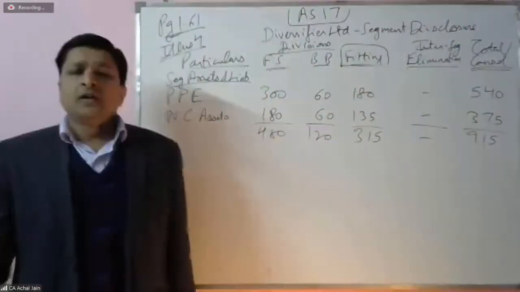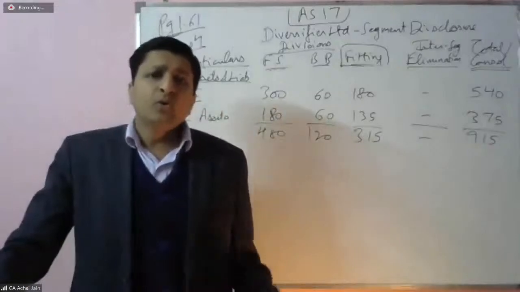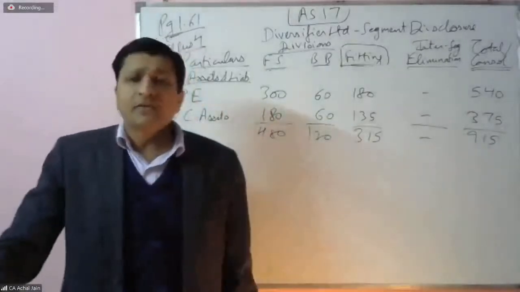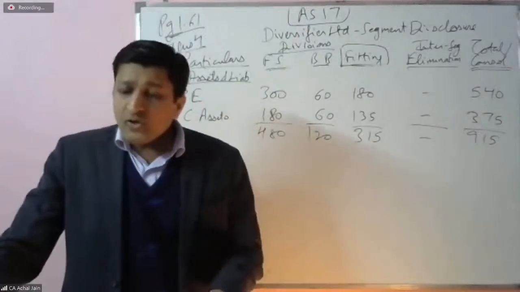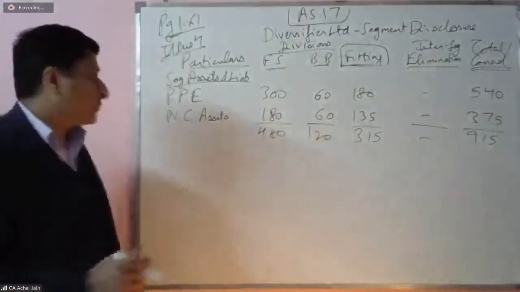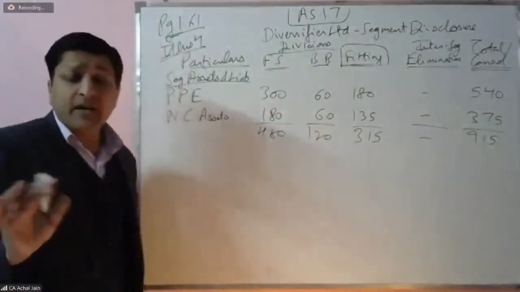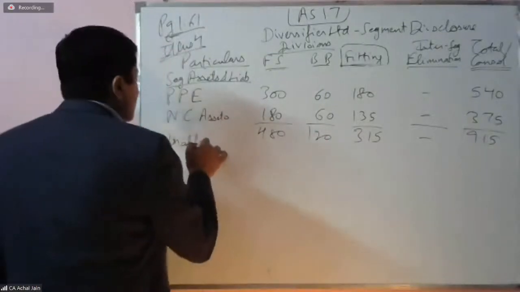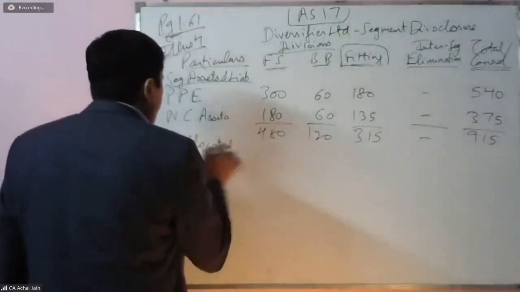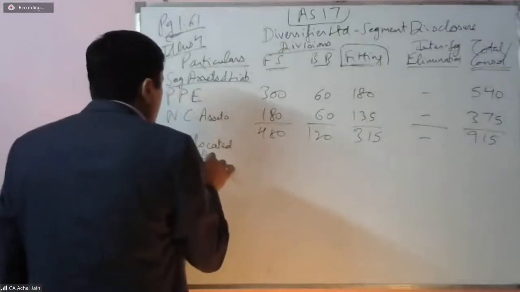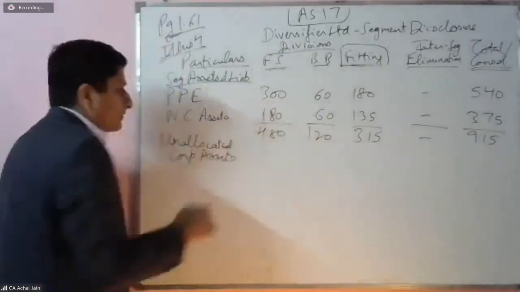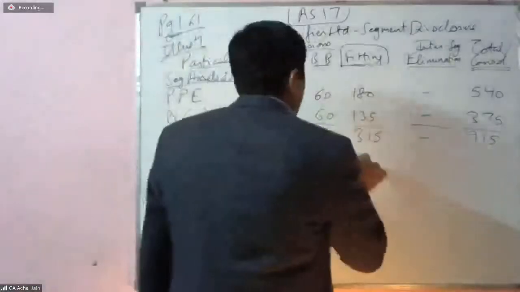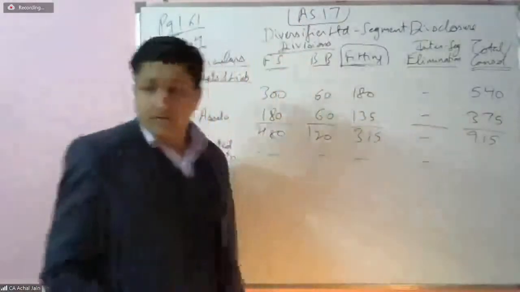But if you look at the total assets of the entity, those are not 915. They also include assets of the HO, which can't be allocated to the division. So we'll have to bring in unallocated part now over here. Unallocated corporate assets, which belong to the corporate only, which cannot be allocated to this.